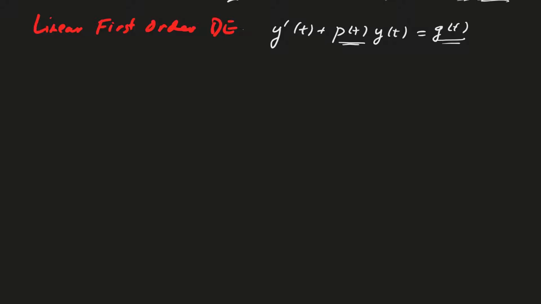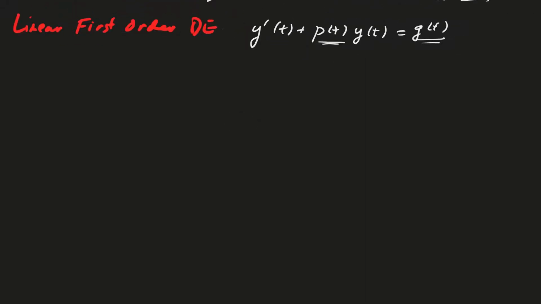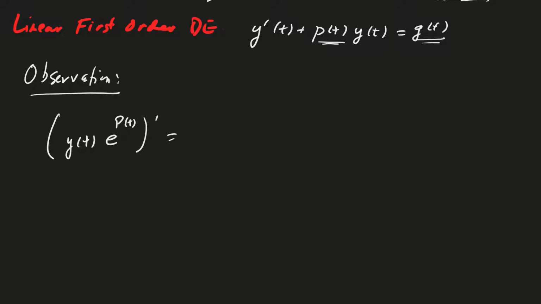Now, the way to solve this is to consider the following. We're going to make an observation. Suppose I take y of t times e to the capital P of t power, and take the derivative.